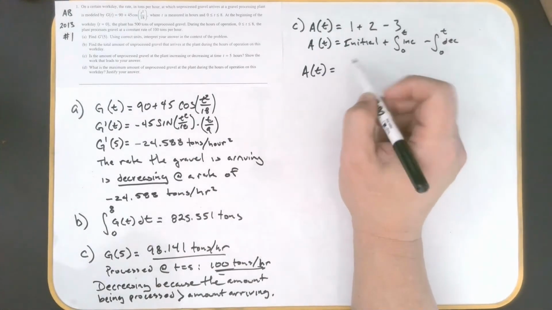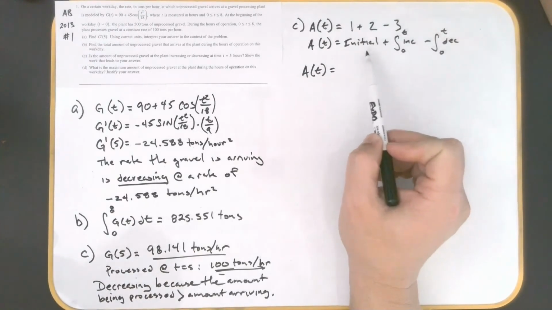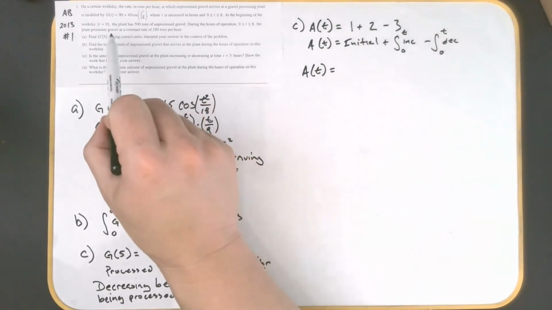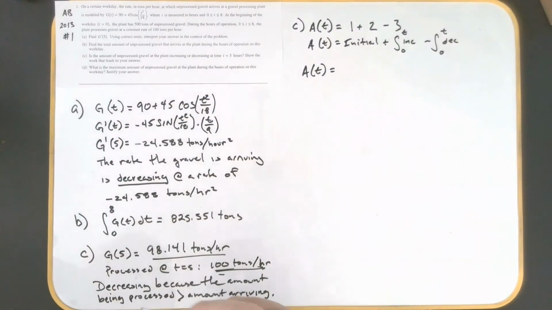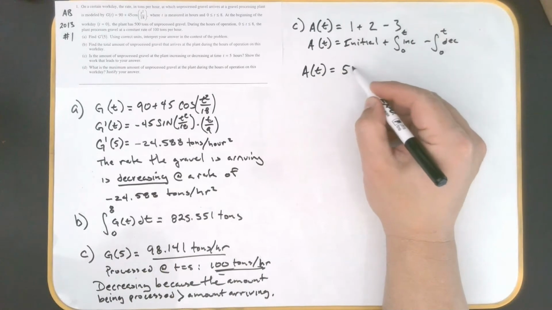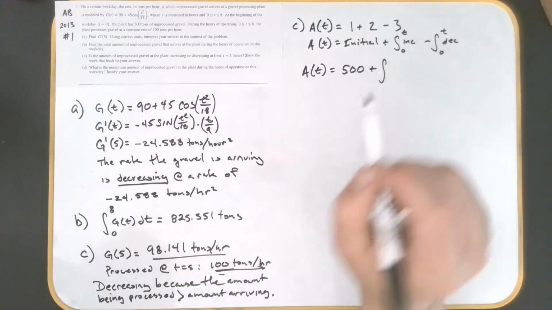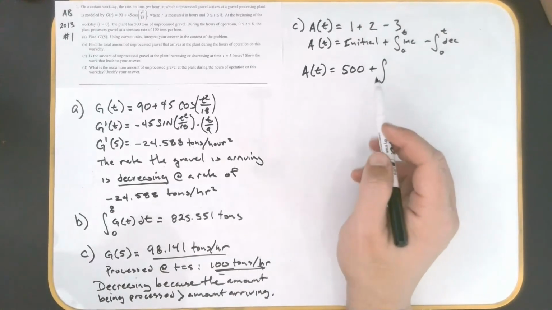So A of t equals, well, let's read the question and see how much was there when the day began. Toward the second part of the question it says the plant has 500 tons of unprocessed gravel at t equals 0. So at the beginning of the day there's 500, that's our initial amount. Plus, we need to integrate how much arrives.